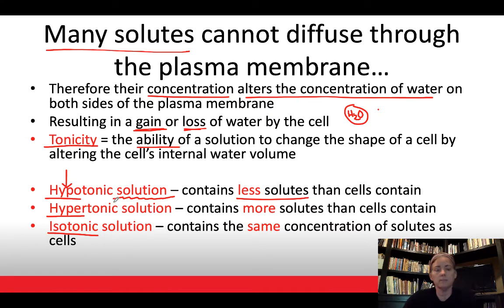Hypotonic means low. Hypertonic is exactly the opposite. So that means the solution around the cell is going to contain more solutes than the cell contains. And then iso means the same. So in an isotonic solution, the solution around the cell and the cell itself are going to contain the same concentration of solutes. So we have no net change in that case.